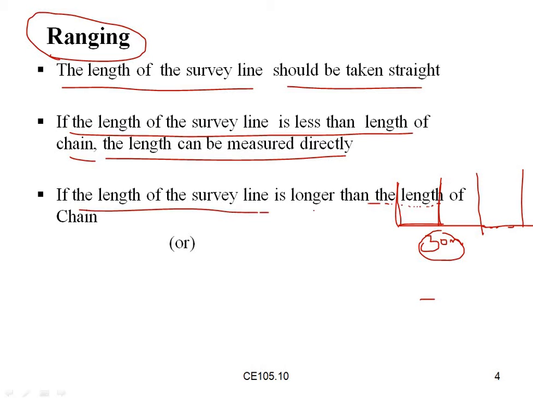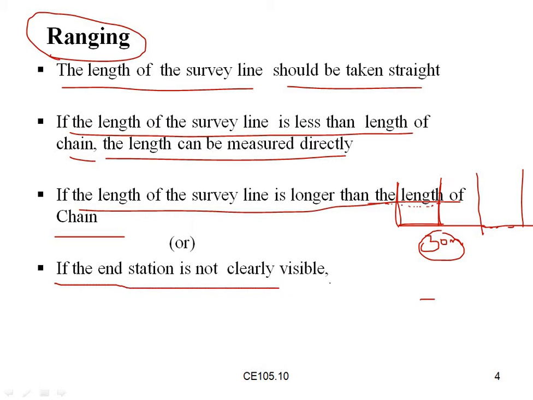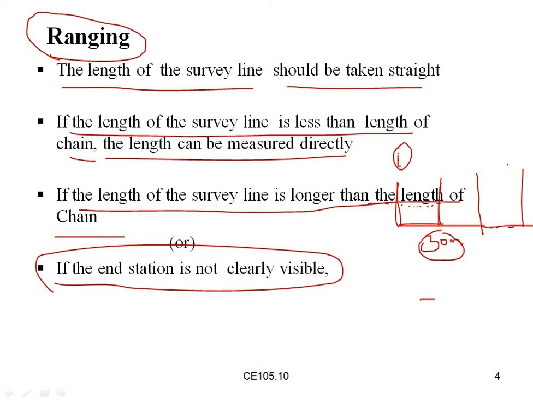And if the length of the survey line is longer than the length of the chain, we can align a straight line if the end station is not clearly visible. This is the first station and this is the last station.